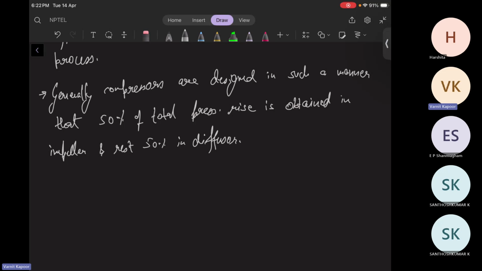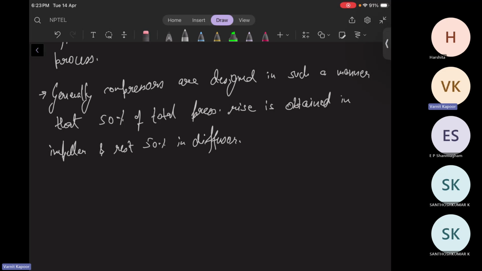The impeller blades will experience a high amount of stress. If you have seen in your design course or strength of materials course, the stress is pressure into diameter divided by 4 times the thickness of the blade, PD by 4T. If the pressure itself is 100% high in the impeller, the stresses generated will be very high, which is not acceptable from the strength point of view of the machine. That's why we do it this way.